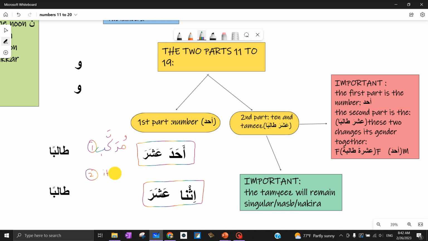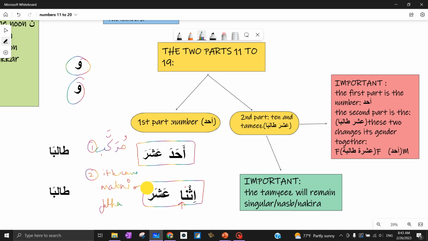It became mabni. Mabni on what? On fatha. Because of the removal of waw, it became mabni on fatha. Since this is a weak letter, we cannot put a harakah over it, so we will assume fatha muqaddara. But still there is a fatha because it became mabni on fatha.